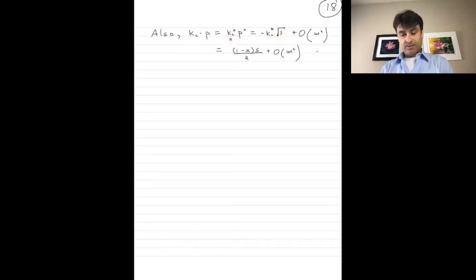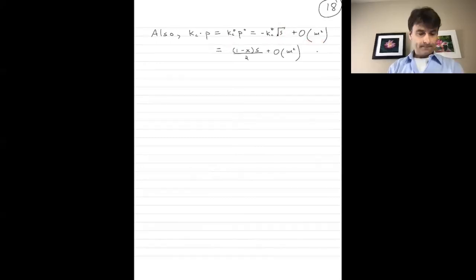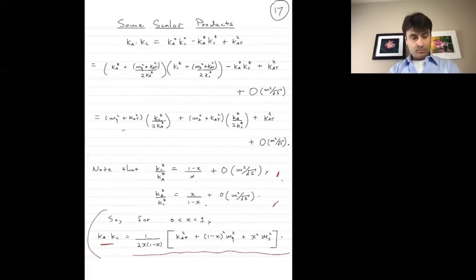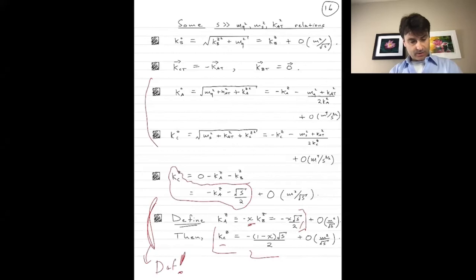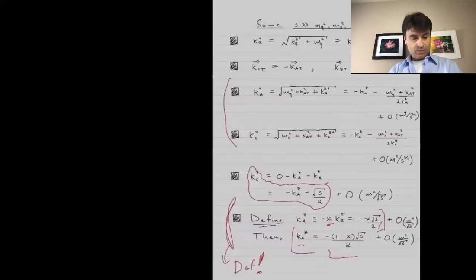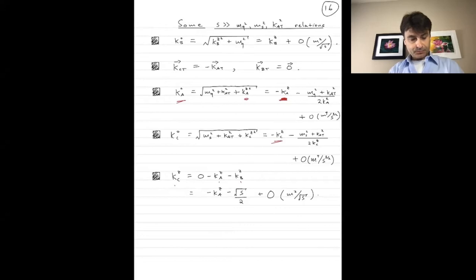And remember that Kc0 is negative Kcz up to small corrections. And note that it's a negative sign of Kcz relative to the energy because, well, we kept track of the signs back here when we did this expansion. Remember that Kaz squared is, well, squared inside of the relativistic dispersion relation. But just by the setup of the problem, we know that Ka is going opposite the direction of Kb, and it was Kb that we used to define the z-axis.